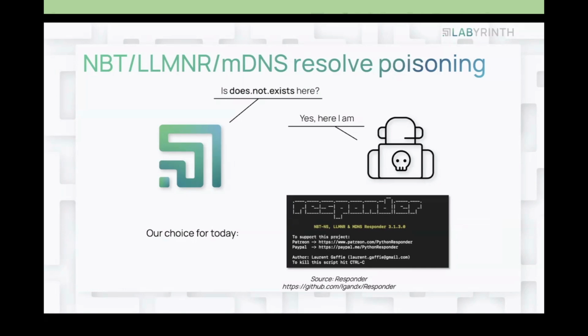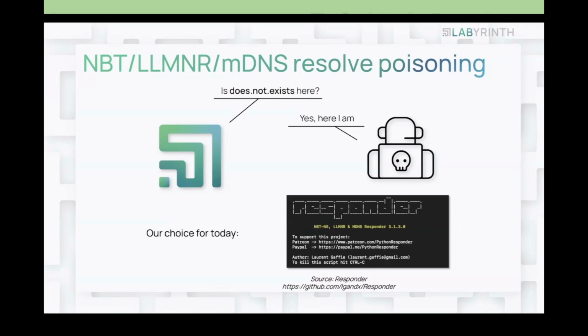And how does it work? I made this simple illustration. A Labyrinth point asks for some data, depending on the protocol that we are talking about. It asks if it's present. For example, we are checking if this host is available, if this host name is present right here.